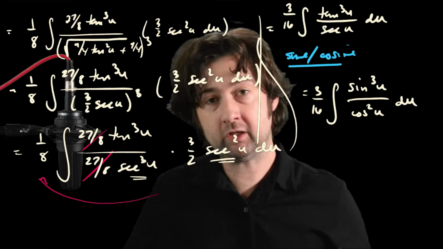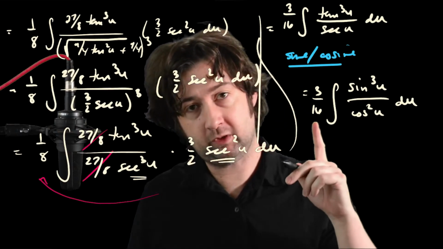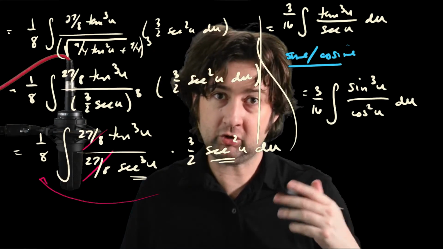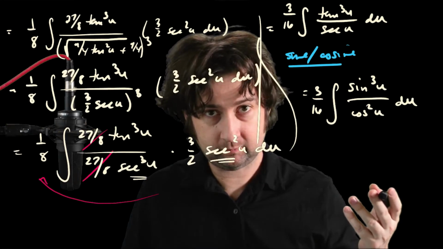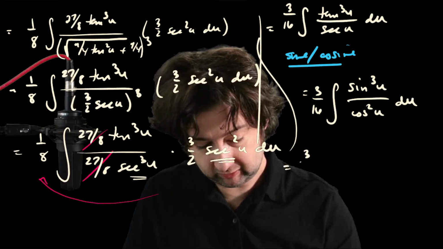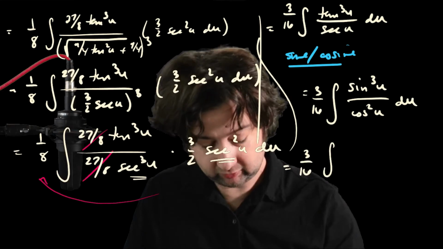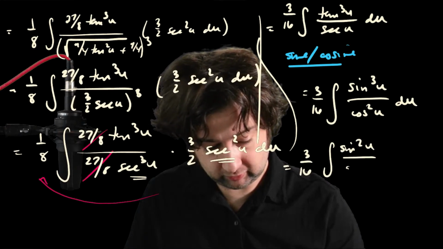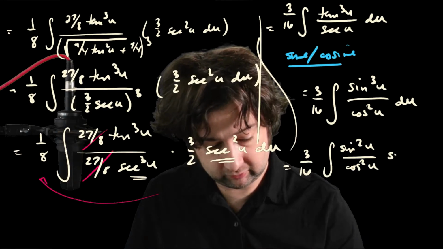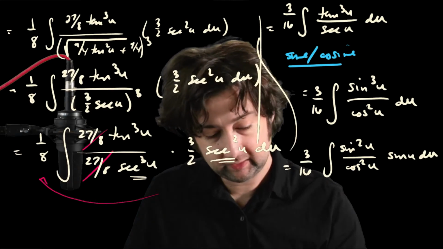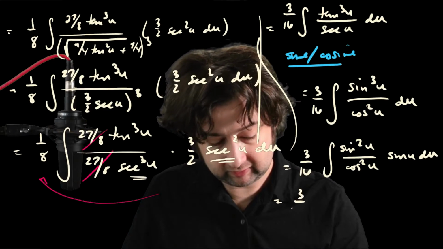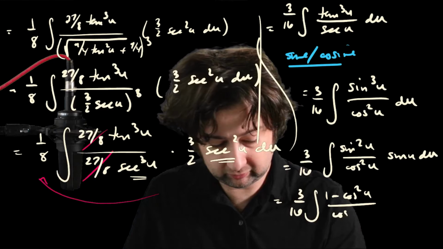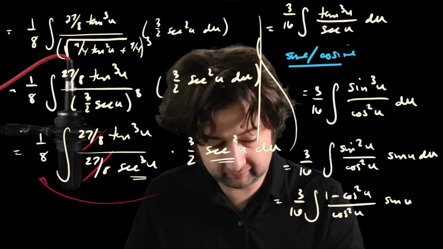Now we can use the idea of popping out one of the sines and using it as the du. For the substitution, u is equal to the cosine of x. So this is going to be 3/16 the integral of sine squared of u over cosine squared of u, sine u du. I can convert this into 1 minus the cosine squared of u over the cosine squared of u times the sine of u du.